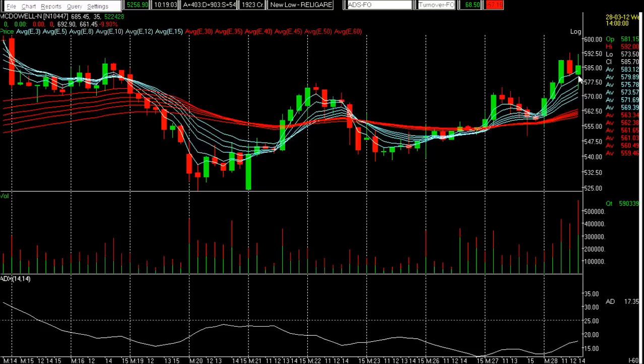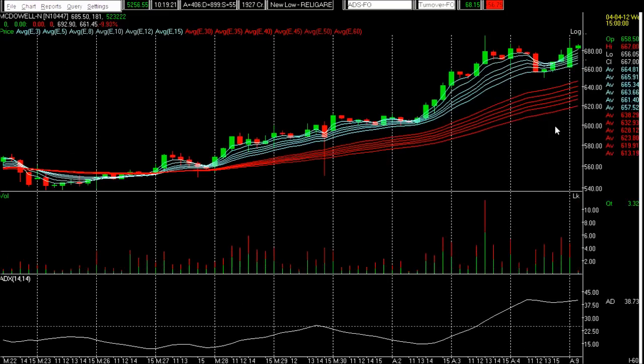So 60-minute is a good time frame to see the trend of the stock. So let's go back to today's date, and right now the value of ADX, if you can see, is 40. So my first step tells me this stock can be watched today, because the value of ADX is more than 30.